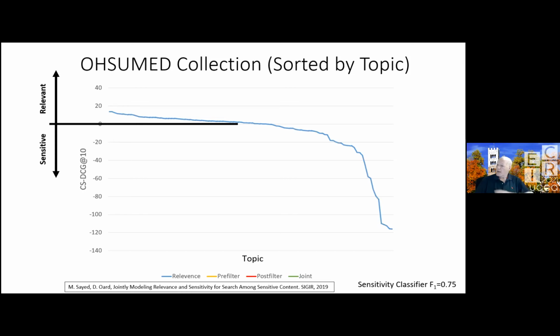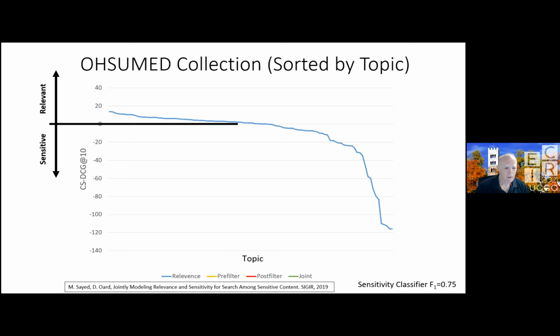Now, if we pay no attention to sensitivity at all, if we just do a relevance-based search, many topics have no sensitive content. This is in that collection I showed you earlier that is simulated, built on the OHSUMed collection.